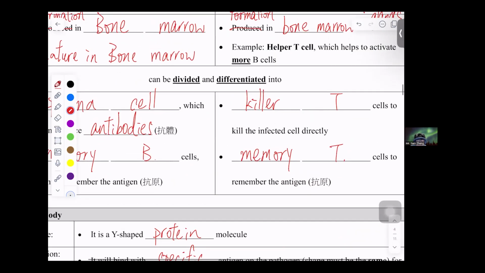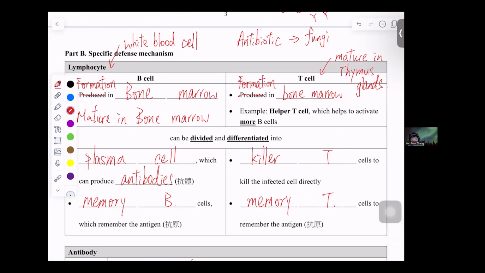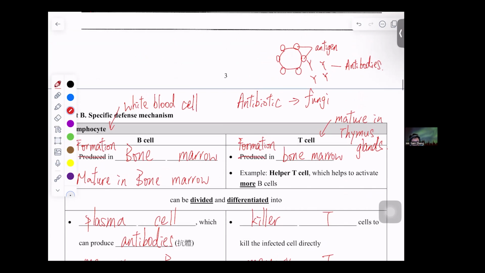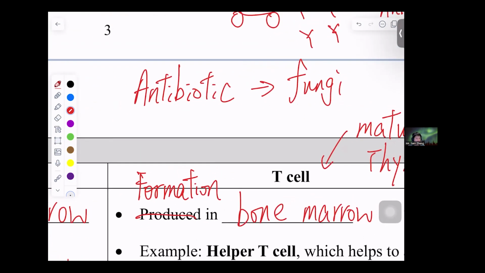Now, the B cells will differentiate into plasma cells and they will produce antibodies. And these antibodies are totally different from antibiotics. Remember, antibiotic in Cantonese, we call it 抗生素. It is a substance produced by the fungi, but inside our body we should not have the fungi.